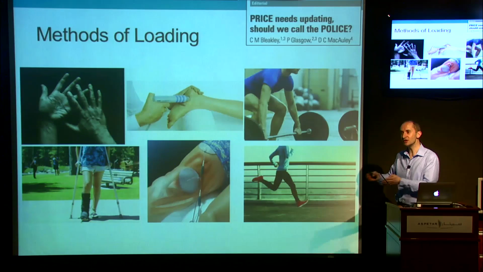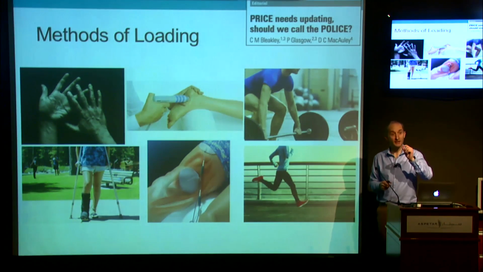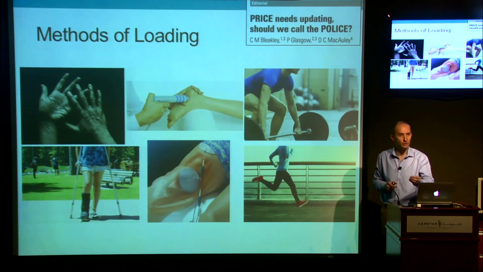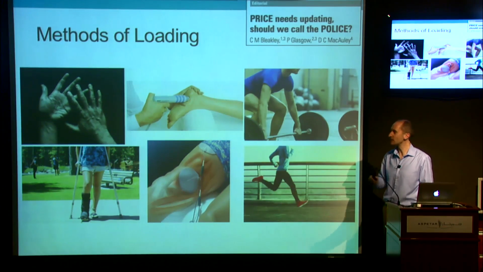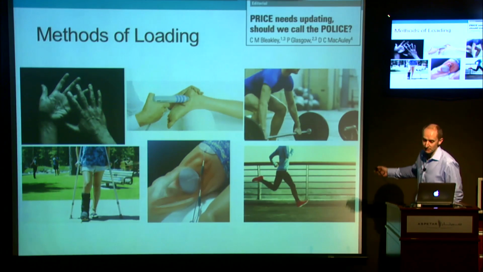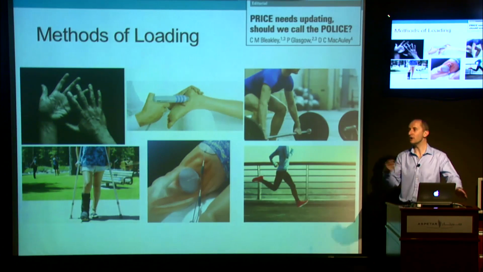So I can reduce the load to the injured tissues, but facilitate appropriate gait or partial weight bearing. So I'm getting some weight through the area or some load through the area. And so we think of it as a way to facilitate loading, not to prevent loading. Perhaps we might use some muscle stimulation or typical exercise prescription. So there are lots of different ways that we can apply load that go beyond just weightlifting.